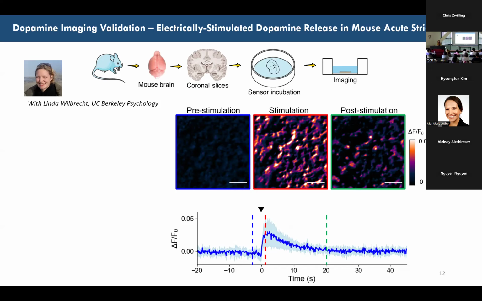Otherwise, it gets very crowded. It's a 300 micron thick tissue. I'll show one slide on data from Abraham's lab doing this in two-dimensional cell culture, where those signals are much easier to cross-correlate. I don't have the confidence in how the microscope is currently set up to say this signal is coming from this cell. But what we can do is take a look at the tissue and say there are dopaminergic cells there.